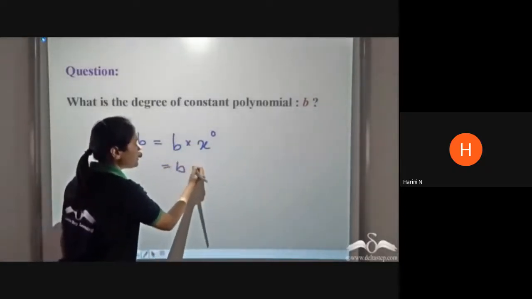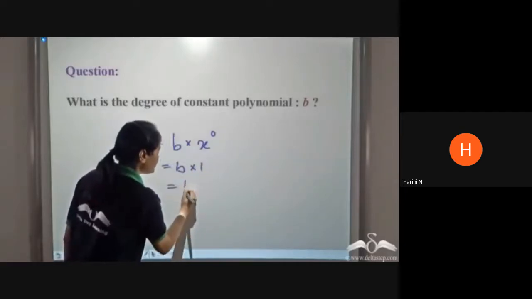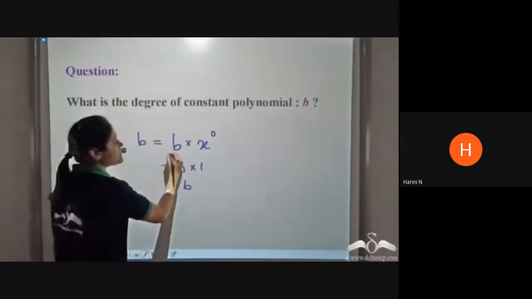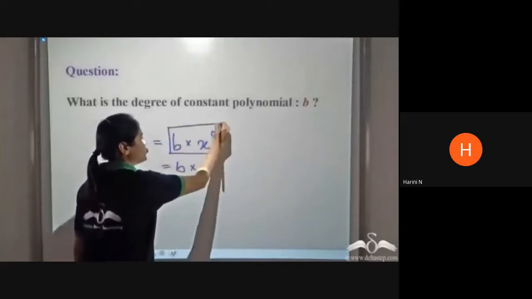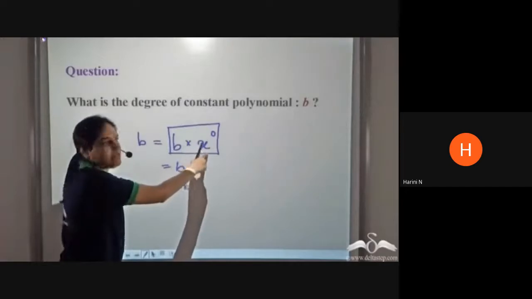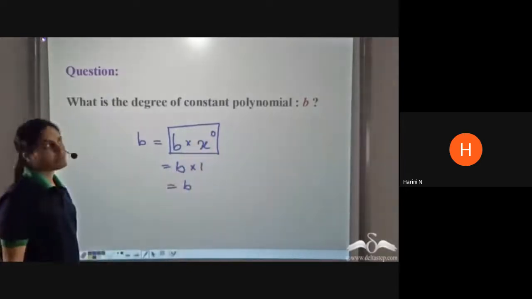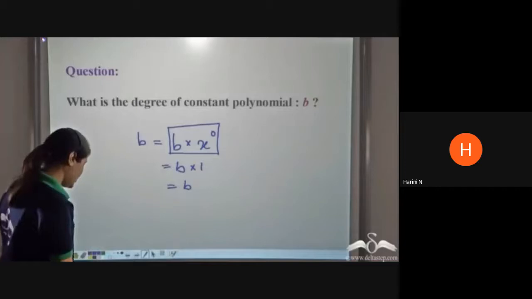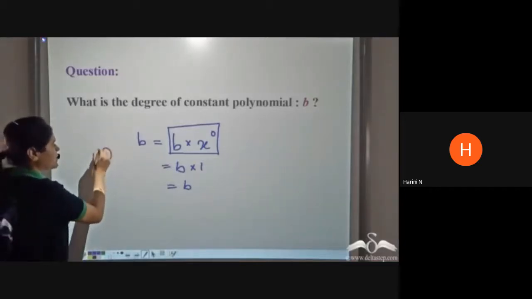This is b times 1, that is b. So b can be written as b times x to the power 0. So the highest power of the variable here is 0. So the degree of the constant polynomial b is 0.